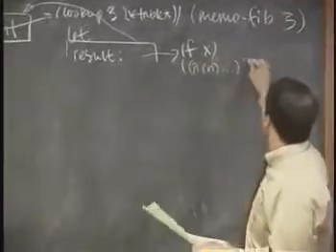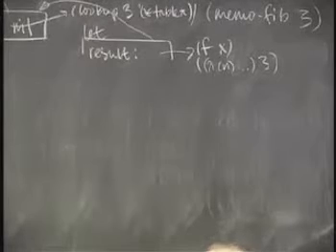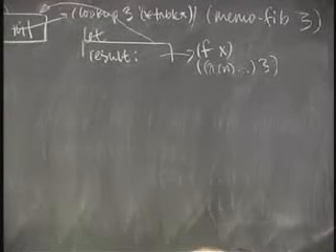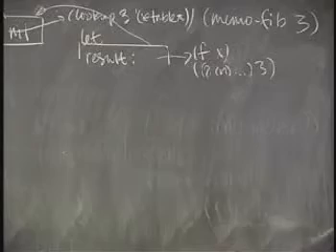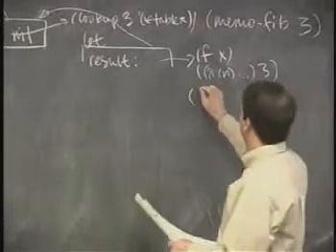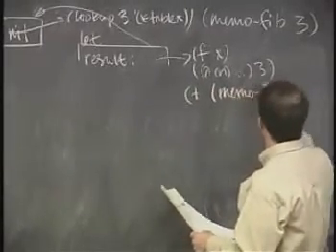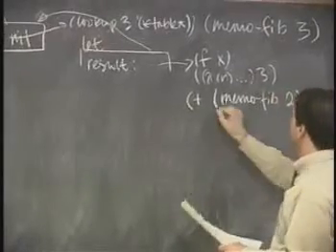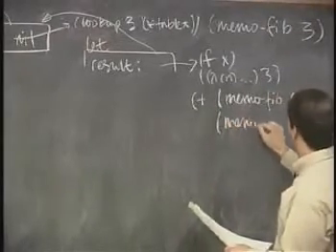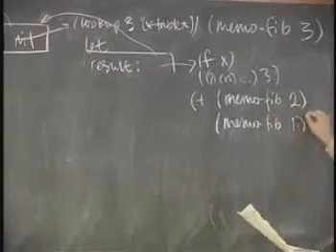X is much closer, it's 3. So looking at that now, lambda of n on 3 will be cond, is 3 0, no, is 3 1, no. Otherwise, we now compute plus memofib of n minus 1, which will be 2, and memofib of n minus 2, which will be 1.